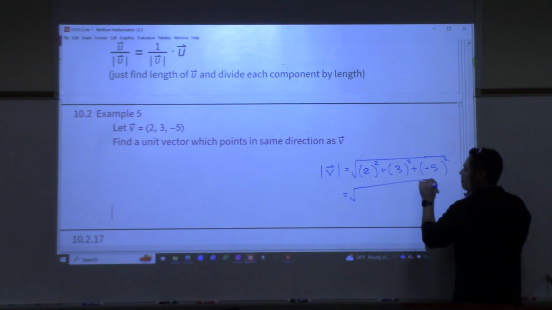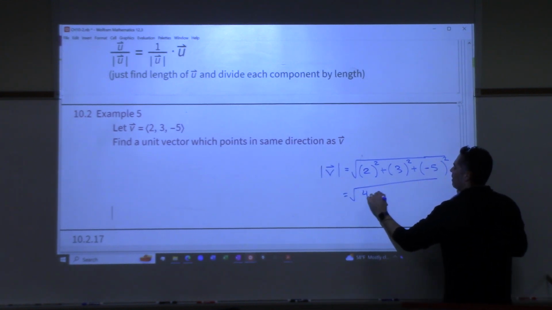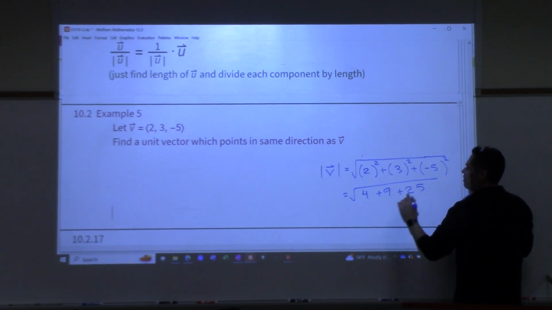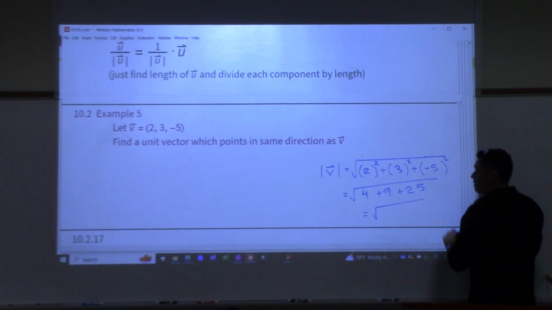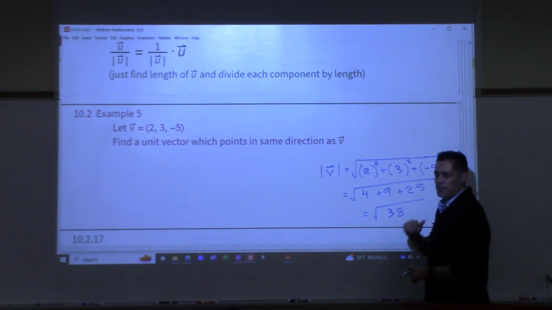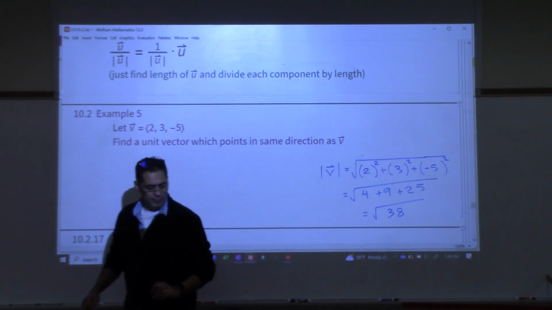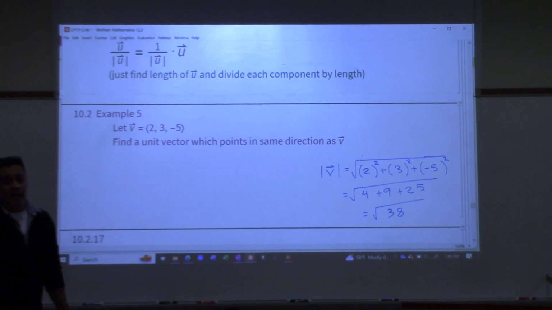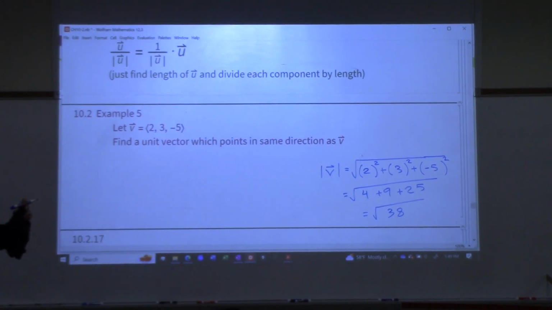This should be the square root of 4 plus 9 plus 25, which is the square root of 38. I'm just going to leave that as square root of 38. Now that's not my answer, right? That's just how long that vector is.